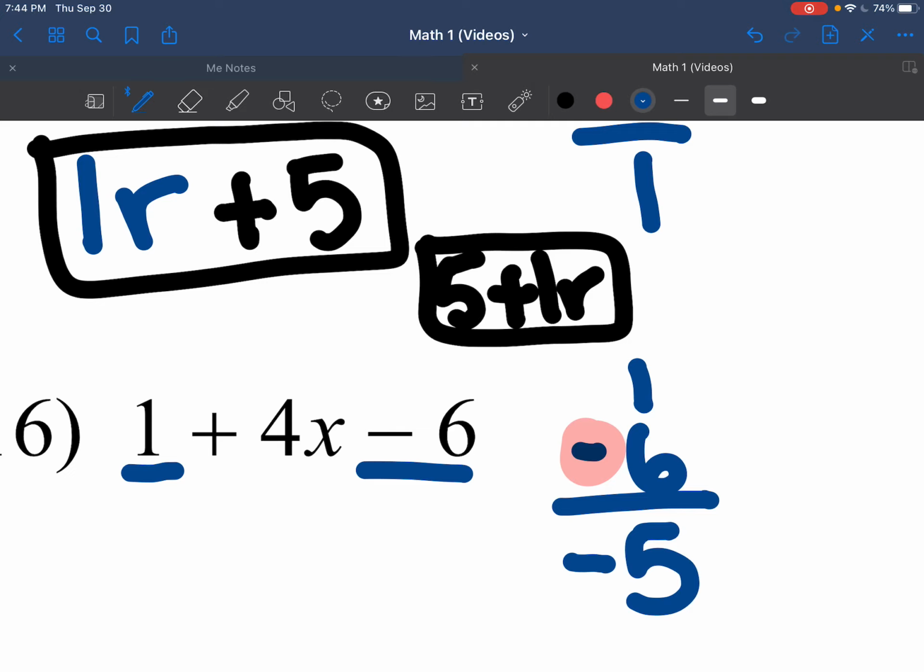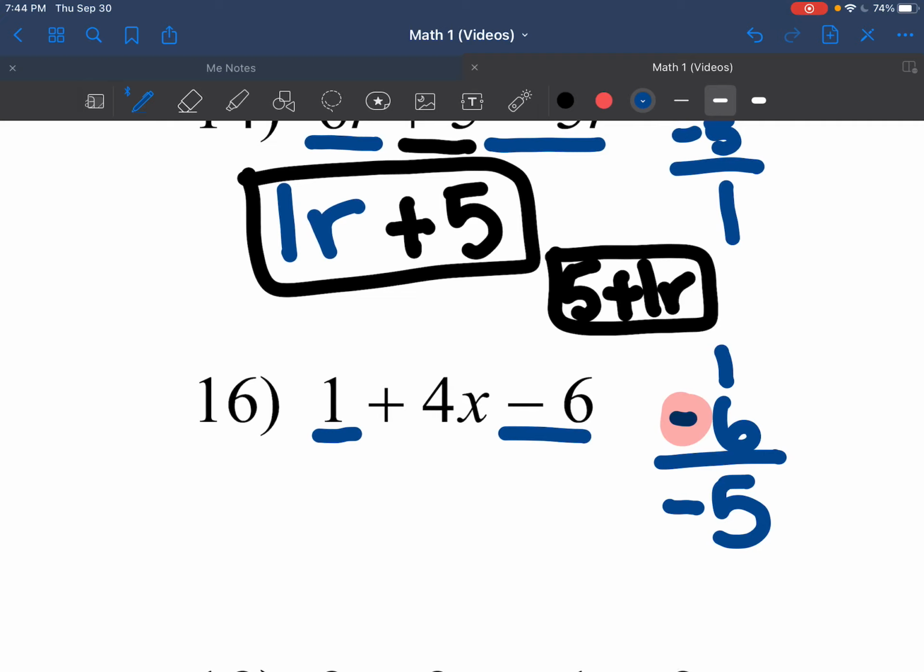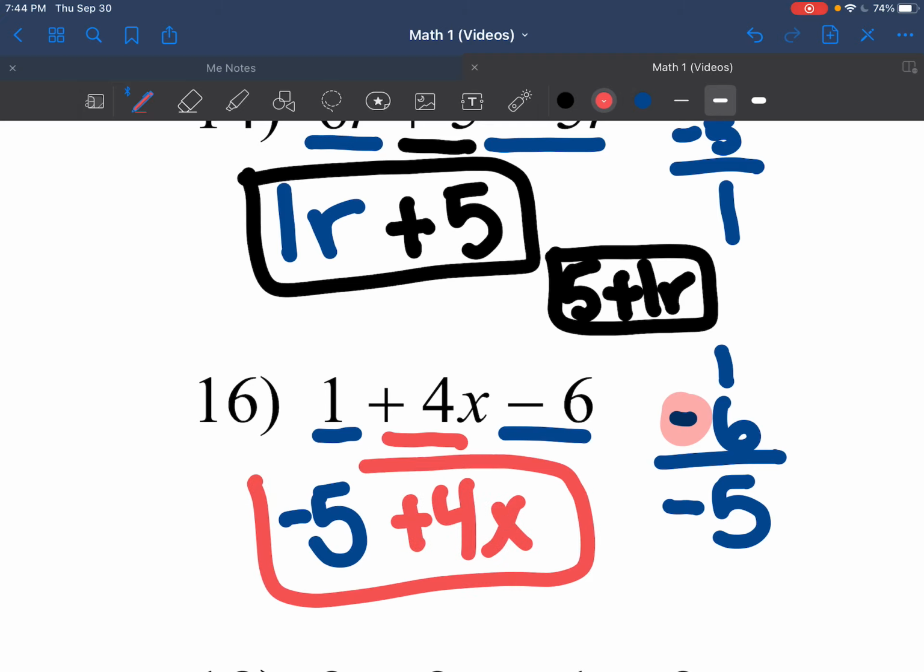If you want to think about it that way. So we have negative 5 for 1 minus 6. We didn't mess with the plus 4x, so we just bring down the plus 4x, and that would be our final answer.